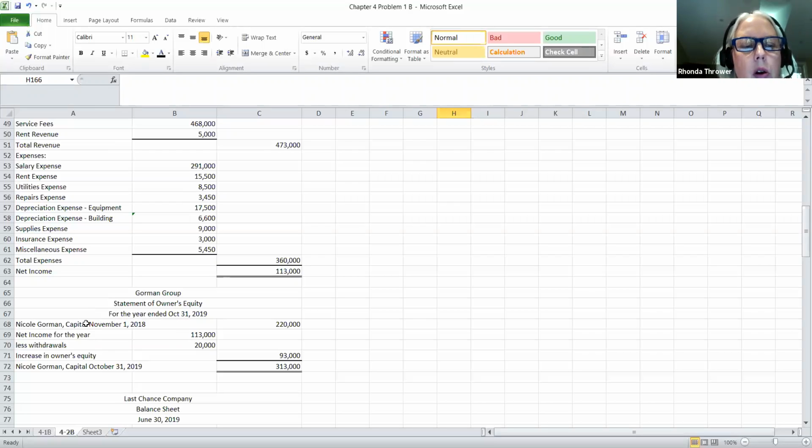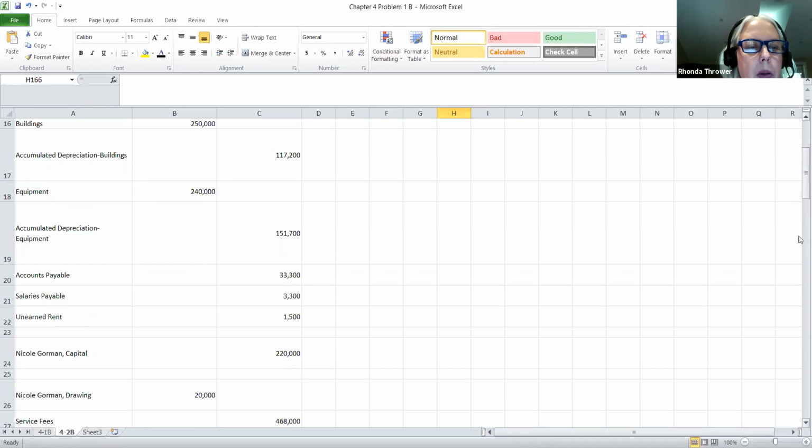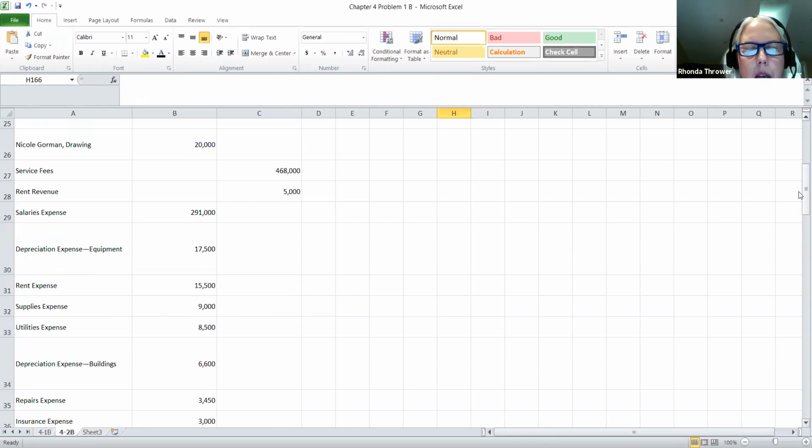So we're going to start with the beginning capital amount for Nicole Gorman. And in this case, this amount is given, and it was copied from the adjusted trial balance. So we'll scroll back up here and let you see the adjusted trial balance. And the adjusted trial balance amount is $220,000.